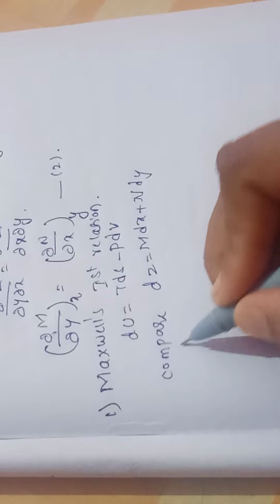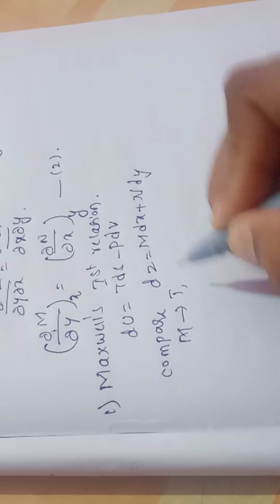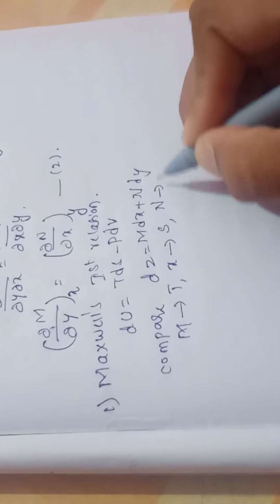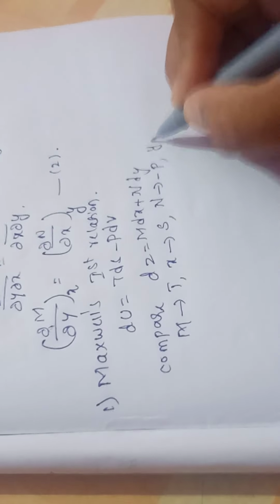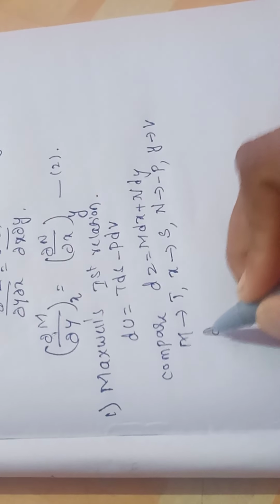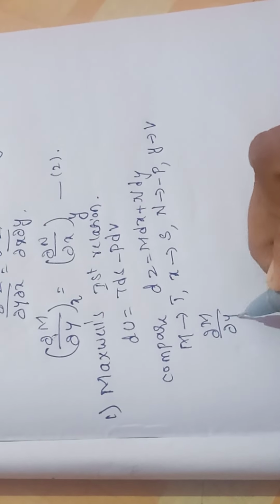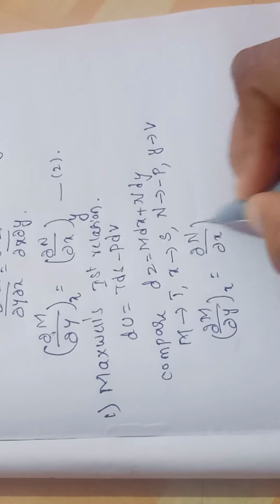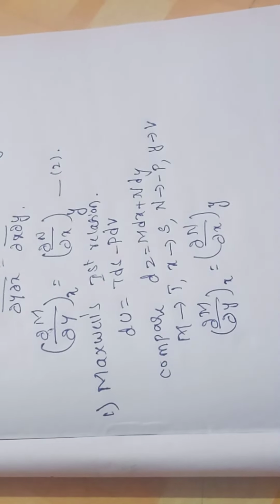So in place of M we have T, in place of x S, in place of N minus P, in place of y V. Now substitute this in dou M by dou y at x is equal to dou N by dou x at y.